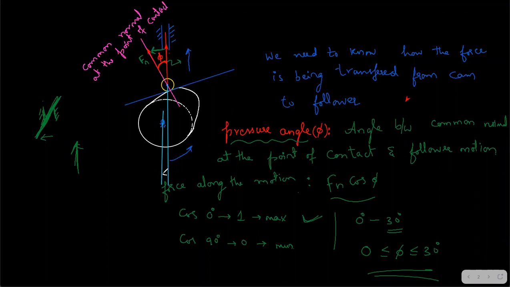So this distance, what you see, is called offset, and it is labeled as E. If it is inline, there is no offset. Inline means the follower center as well as the shaft center are on the same line. If you join both, they form a straight vertical line, then the offset is 0, E equal to 0. But in this case there is some offset, which is called E.